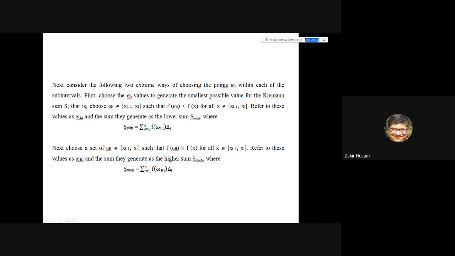So the Riemann sum is a function of omega. We are going to write this as omega underscore, and this is the maximum, and we are going to use a slightly different notation.